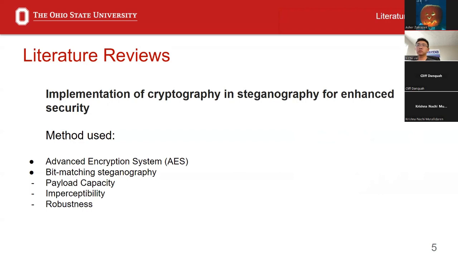The matching value is still limited to the color distribution of the cover image, meaning if the matching cannot be found, the system cannot produce the key. So this paper really talks about a slight difference between AES and bit matching steganography. However, there were some trade-offs.